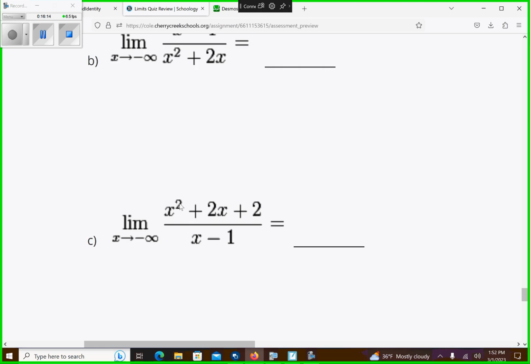And then C, I don't know, what do you think? I said 1, but it was wrong. X squared plus 2x plus 2 over x minus 1.